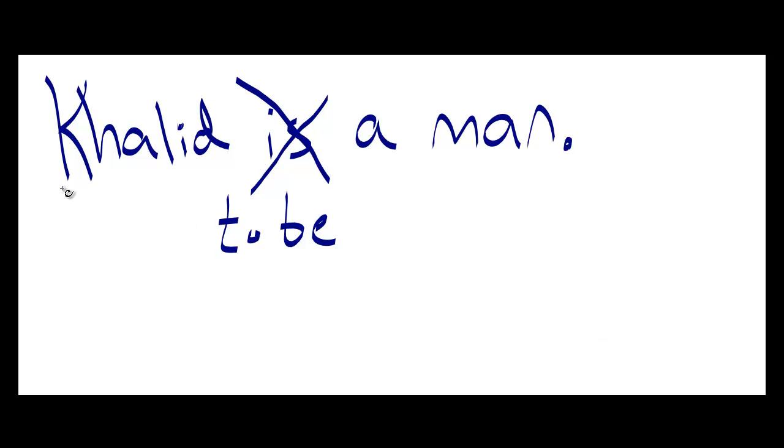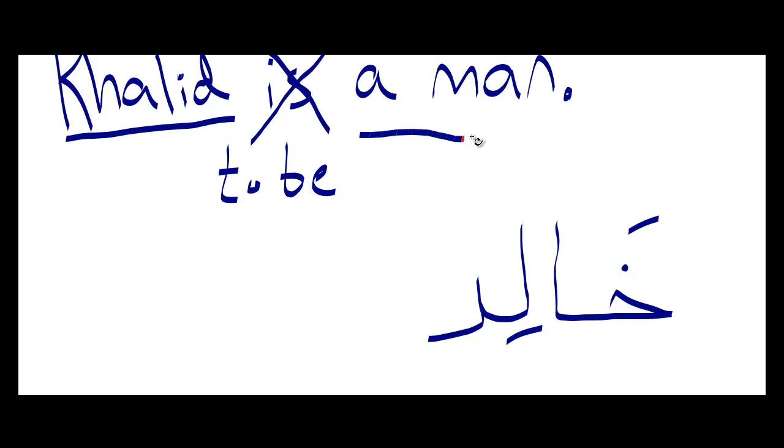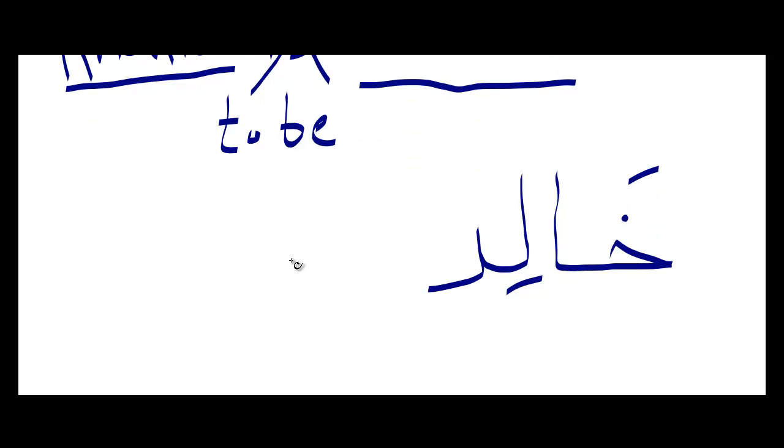So we take the word Khalid and we move it down to our Arabic translation. So we have Khalid. Next we take a man and we move it down as well. And so we put Rajul.